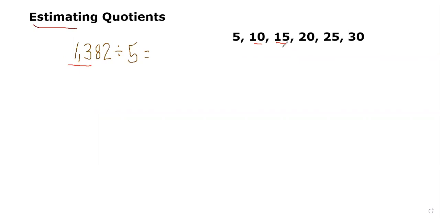So it really doesn't matter what number I choose, but in this case, I'm going to choose the 15. So my 1,382 is going to turn into 1,500, because my number 13 is going to get estimated to 15, and I'm adding my 2 zeros for the numbers after that number. Okay, so 1,500 divided by 5.